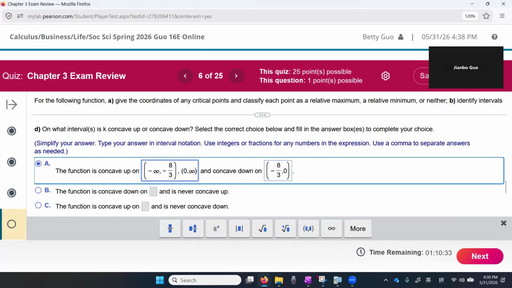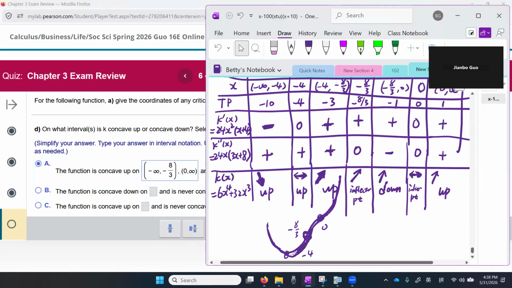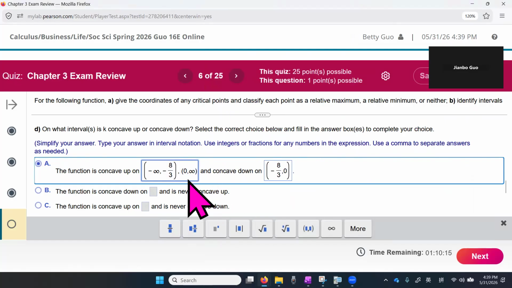Okay, look at the chart. Concave up from negative infinity to negative a over 3, and from 0 to infinity. And from negative a over 3 to 0, that is concave down. Okay.